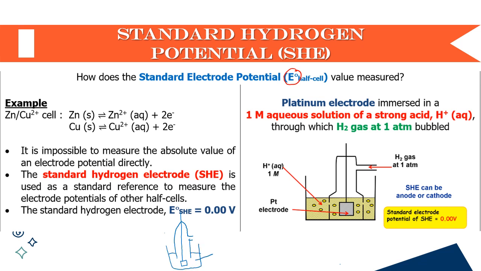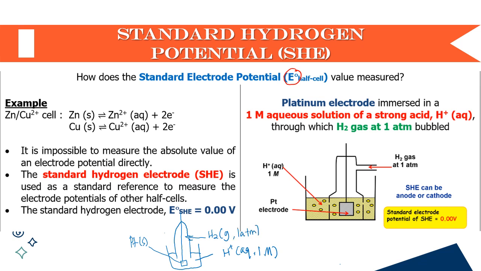You will label this H+ aqueous 1 molar, and this is your Pt platinum solid, and in the outlet over here you will put H2 gas. It must be 1 atm pressure.